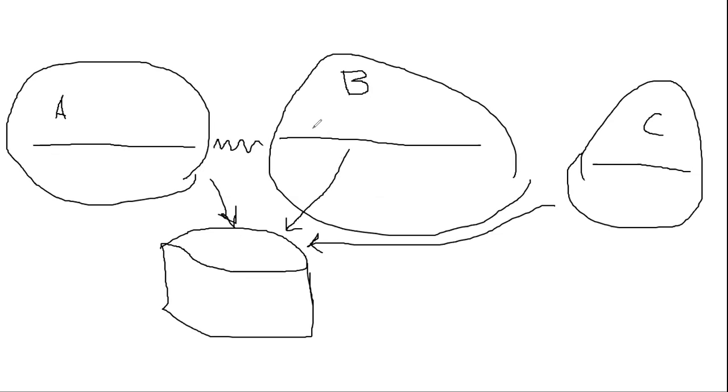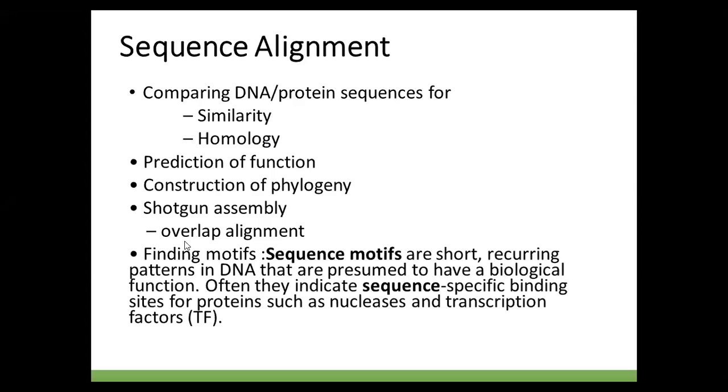So they are not repeating that, they use that section in only one place and join them together. It's called overlap alignments, and they are trying to develop the genome from that.